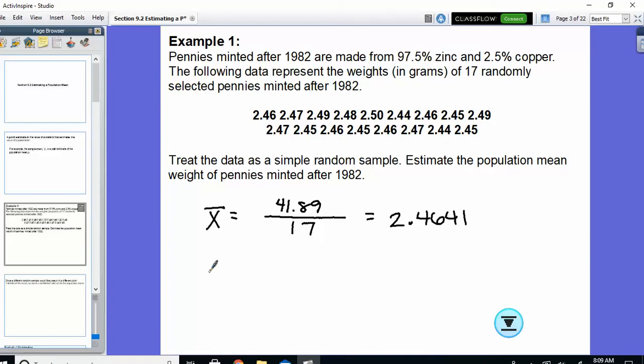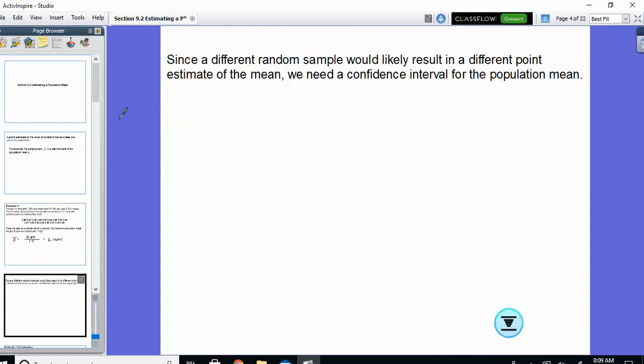Every sample, you're probably going to get a different number. So we can't say the mean of the population is this amount. We can only approximate. So that's why we have the need for a confidence interval. Because I know that every sample I pick will likely have a different mean. We need that confidence interval to give us a range of values to say the true mean is probably between these two things. So just like we were doing with p-hats.